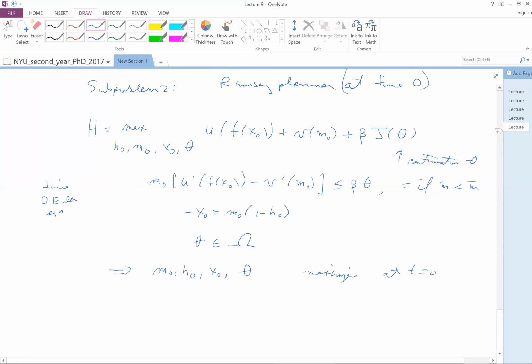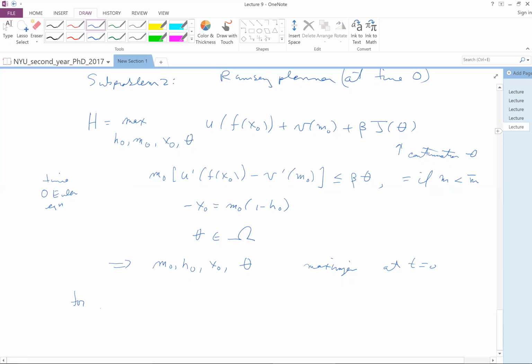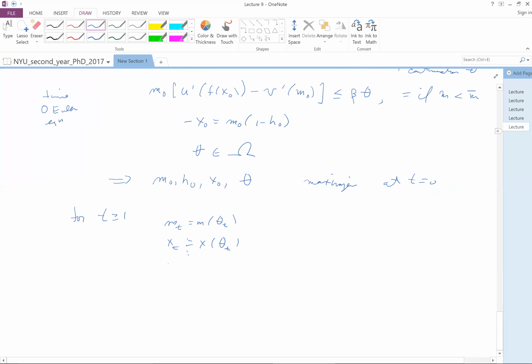And then the way this is going to work, for t greater than or equal to 1, we're going to get mt equals m of theta t, and so on. xt equals x of theta t. ht equals h of theta t, and we're going to get theta t plus 1 is equal to g of theta t. This is all from subproblem 1.